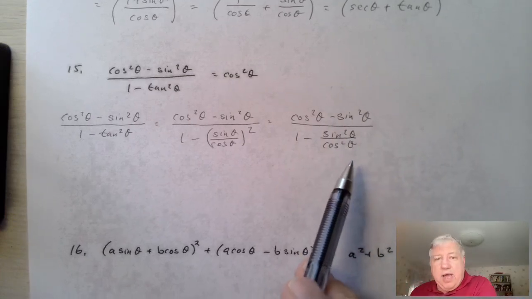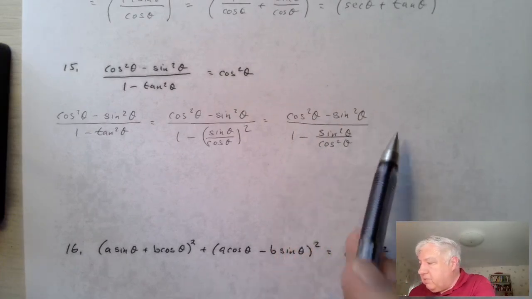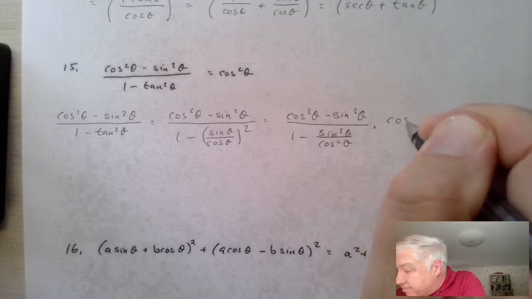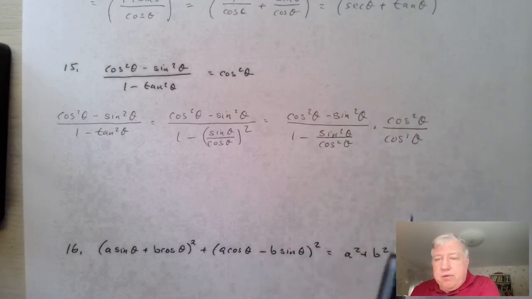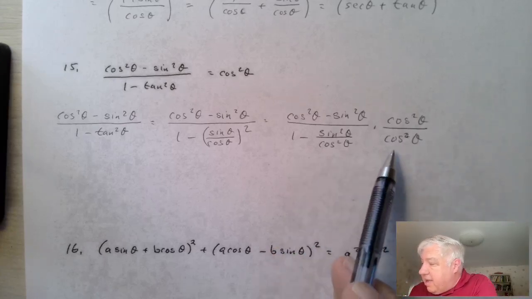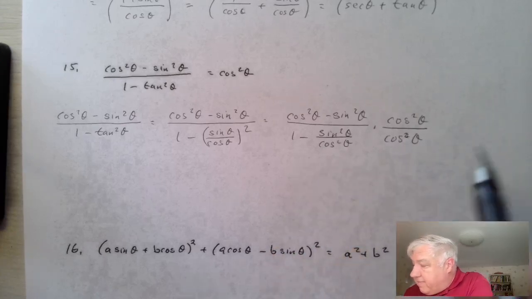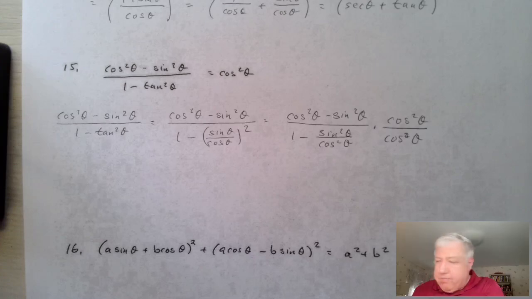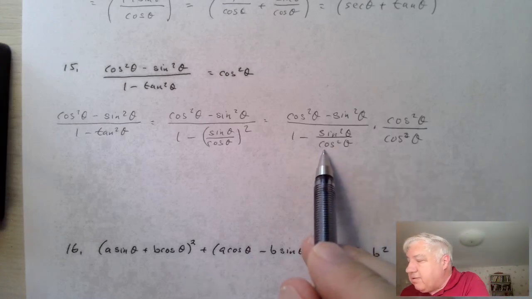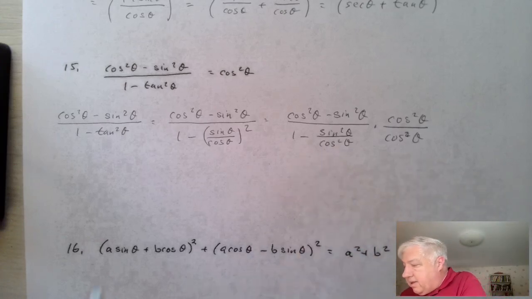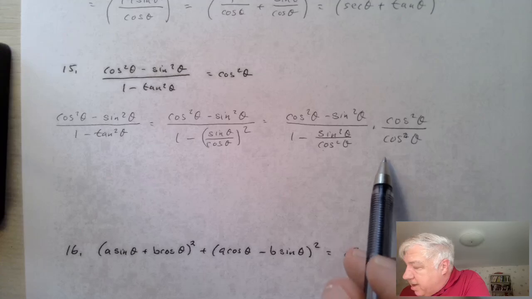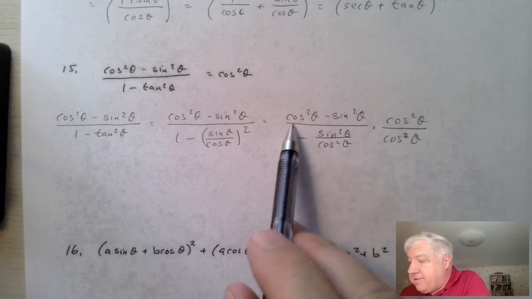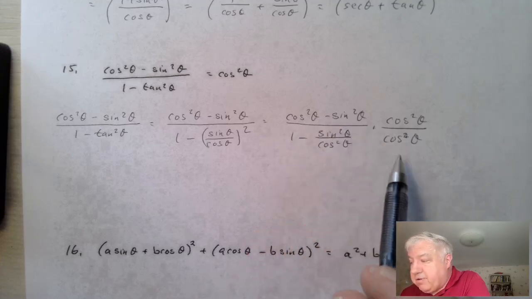And just to smooth things out, I'm going to multiply and divide by cosine squared. The reason I want to do this is that we want to cancel the cosine squared in the denominator, and then something kind of nice will happen. Because then you'll have cosine squared minus sine squared, and you already have a cosine squared minus sine squared over here.